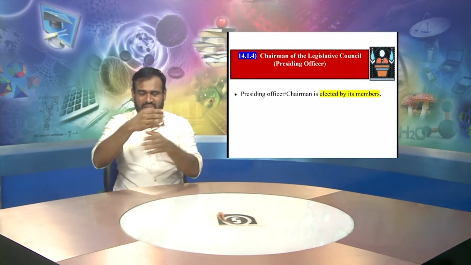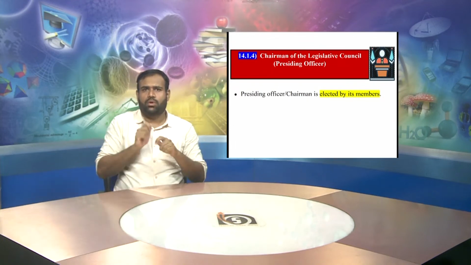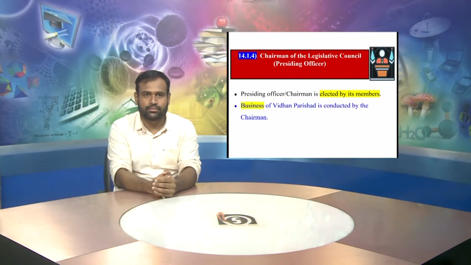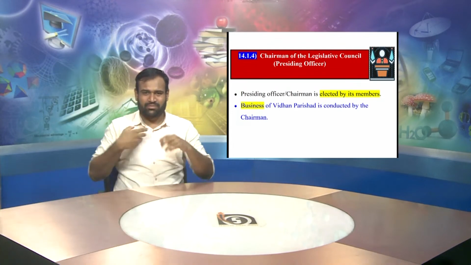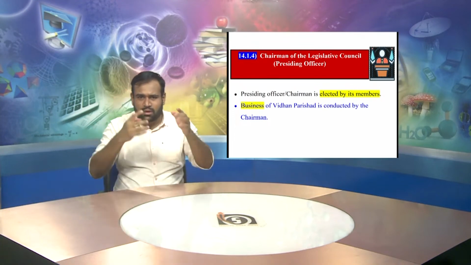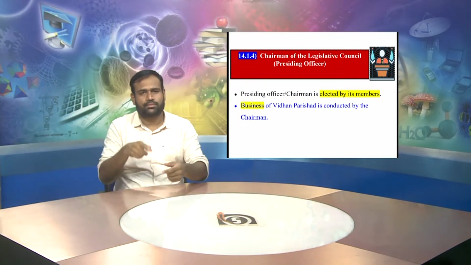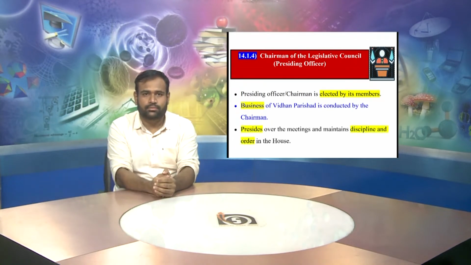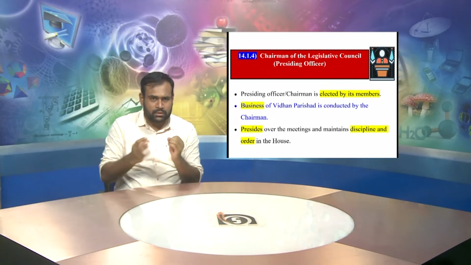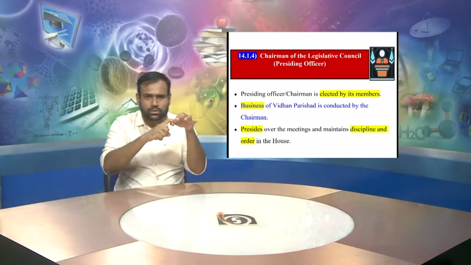Let us now understand the chairman of the Legislative Council, and how the presiding officers are elected. The presiding officer or the chairman is elected by all its members. And the business of the Vidhan Parishad is conducted by the chairman. The presiding officer presides over the meetings and maintains discipline and order of the house.